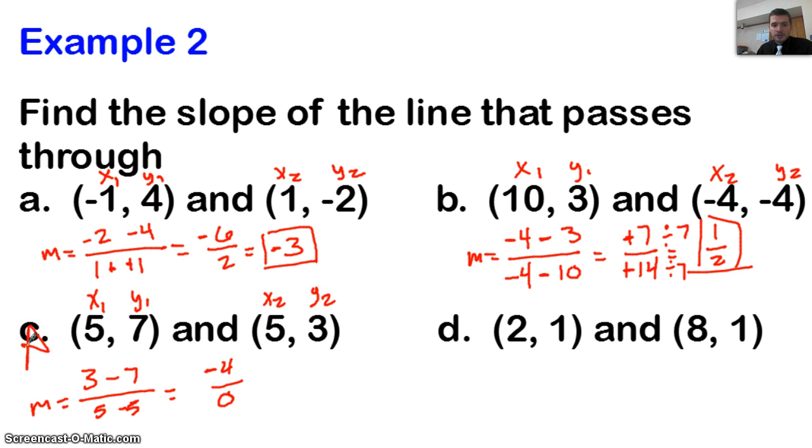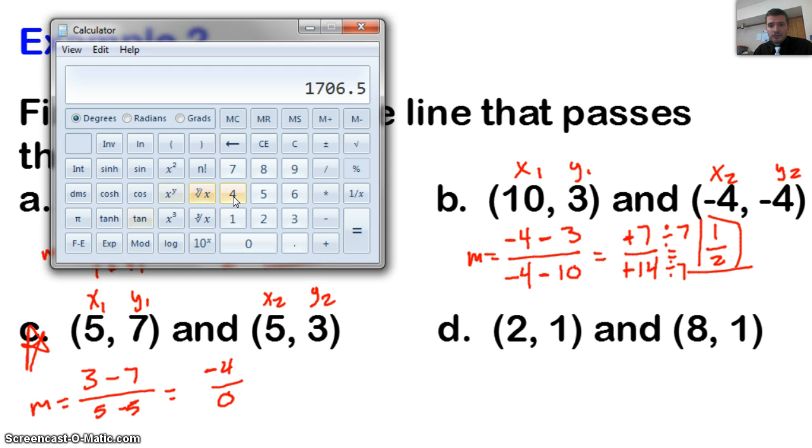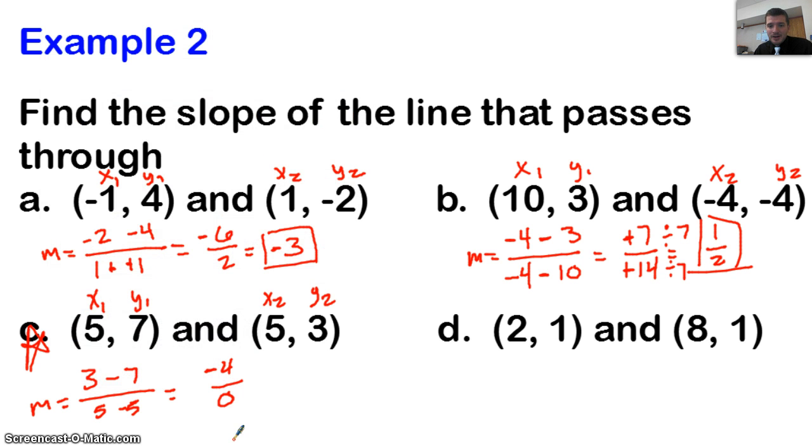First special case: whenever you have 0 on the bottom, if you put it in your calculator, it'll give you an error. If I did 4 divided by 0, cannot divide by 0. Look at that, my calculator is doing my work for me. You cannot divide by 0. It is something that is called undefined.